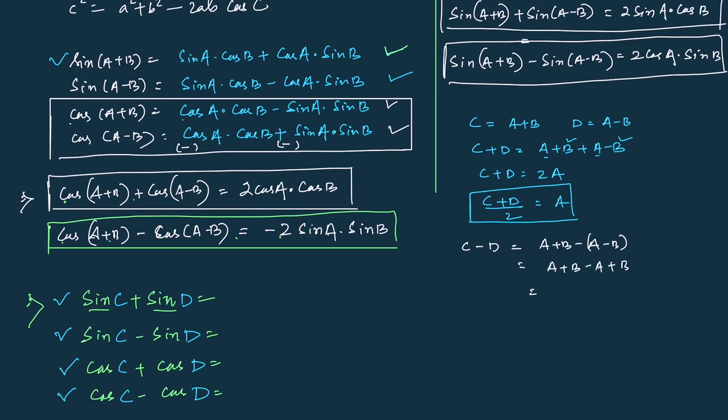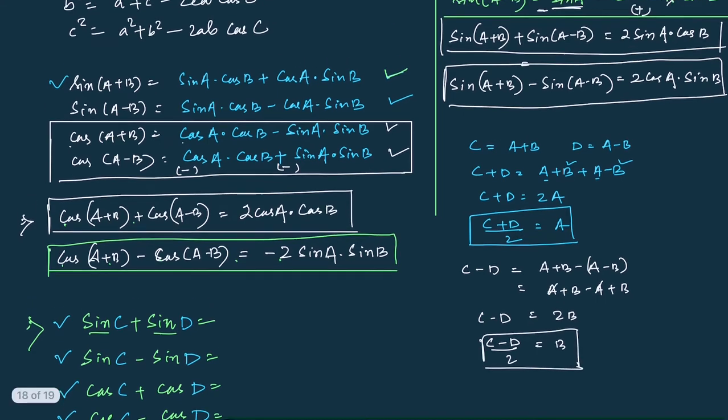The a will cancel out, because a minus a, so it is going to be 2b. So 2b is nothing but c minus d, and c minus d by 2 is nothing but b.